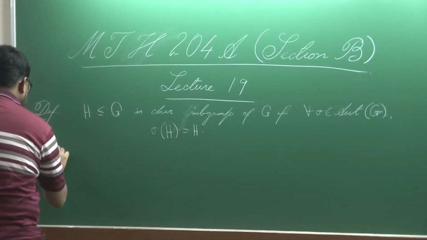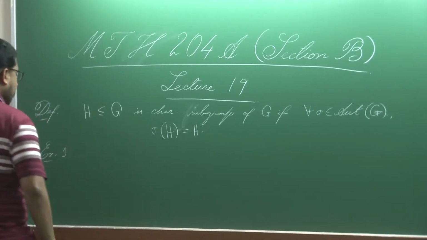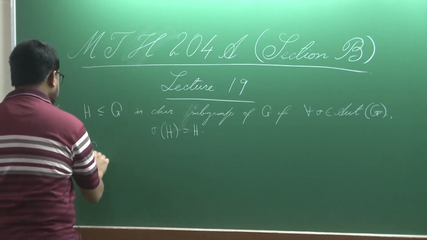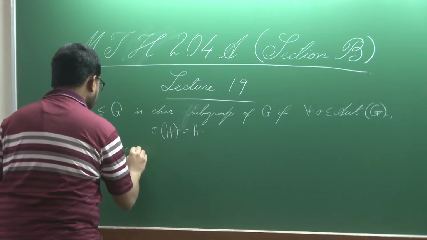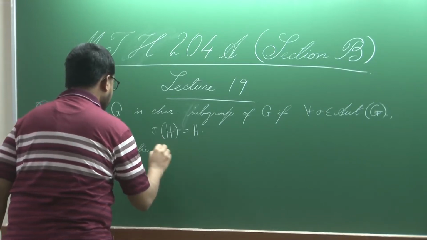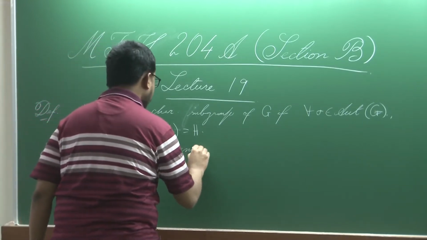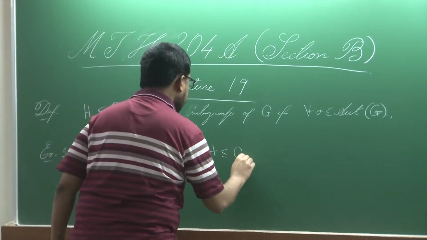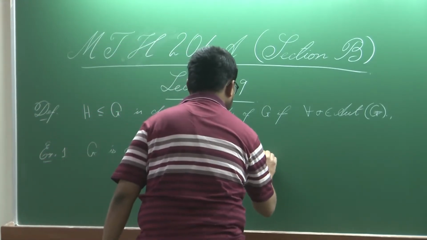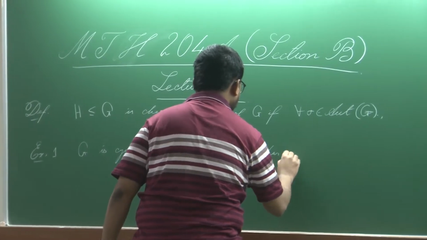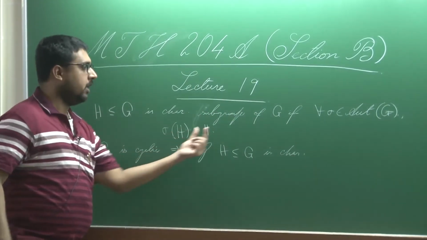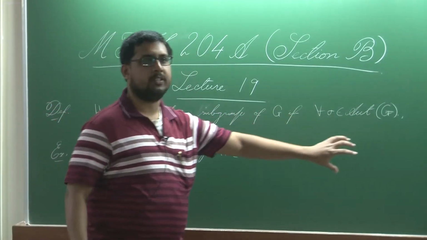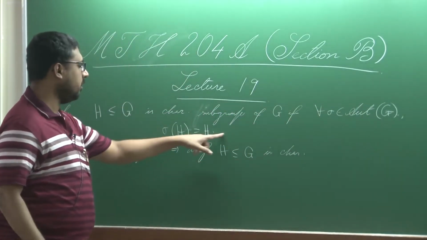What are the examples? First example is, if G is cyclic, then any subgroup of G is characteristic. As I said, some authors call it fully invariant subgroups because it's invariant under the full automorphism group, or some people call it strongly normal.